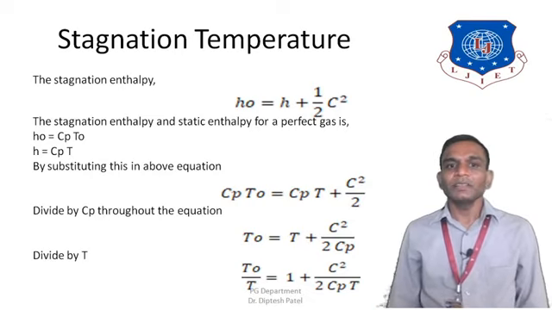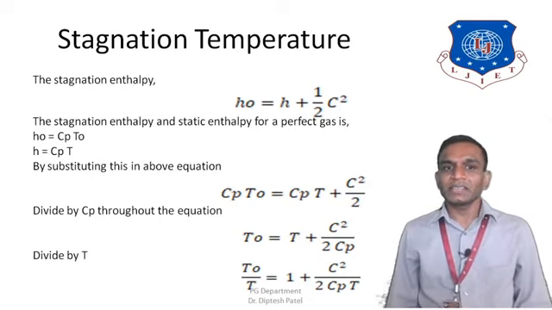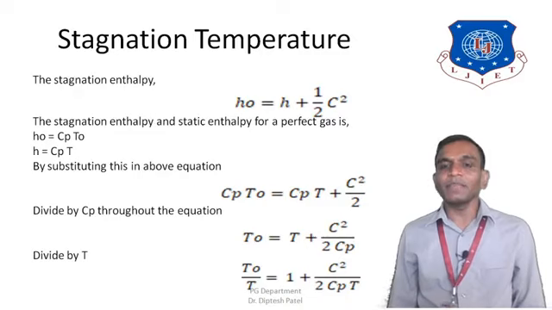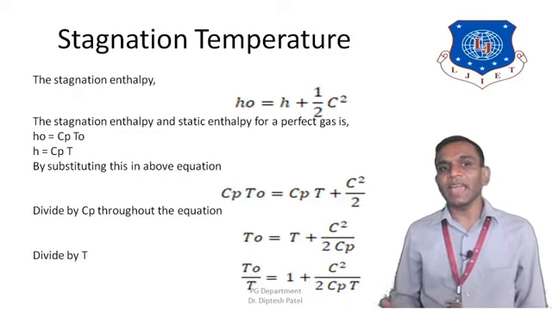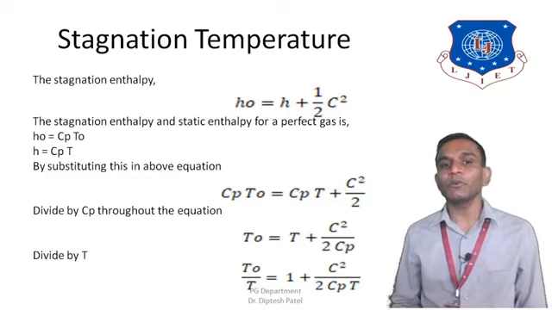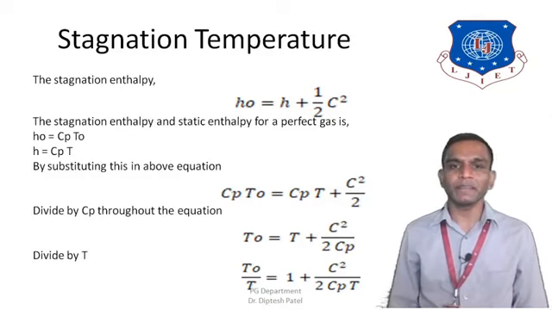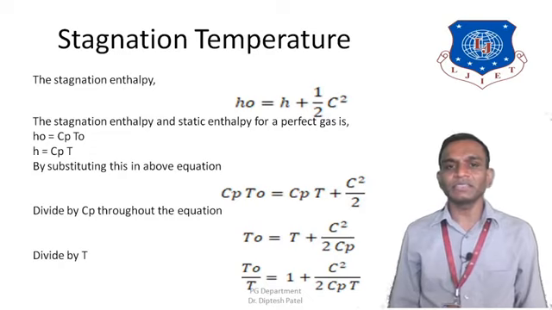Now, the stagnation enthalpy and the static enthalpy for a perfect gas can be derived as H0 is equal to CpT0 and h is equal to CpT. That we have studied in basic thermodynamics.